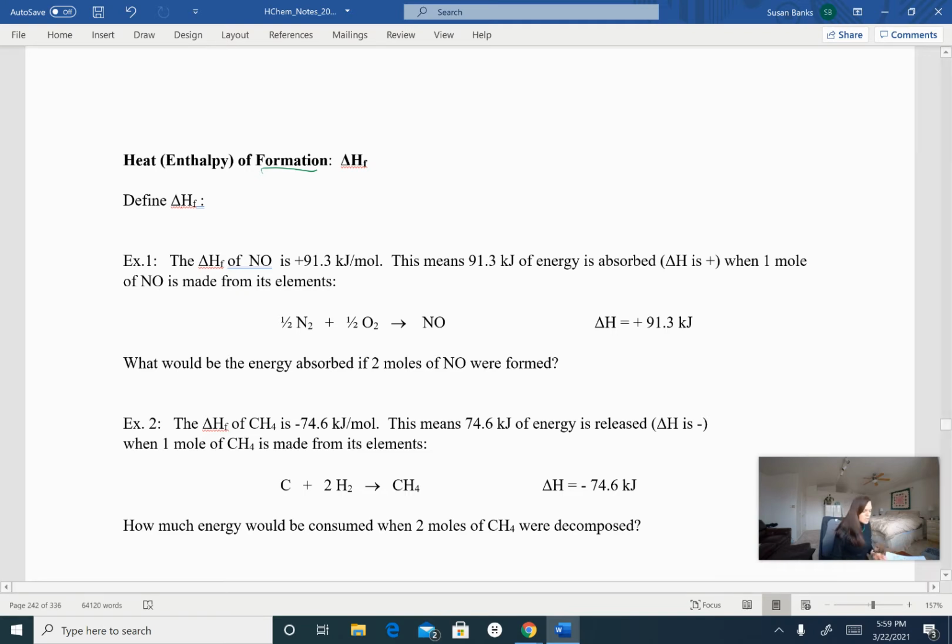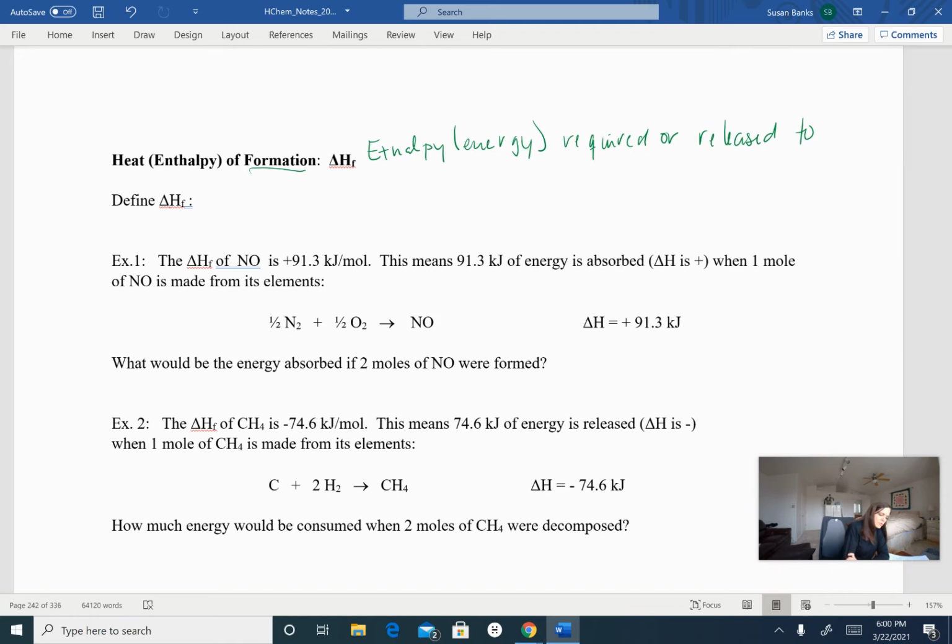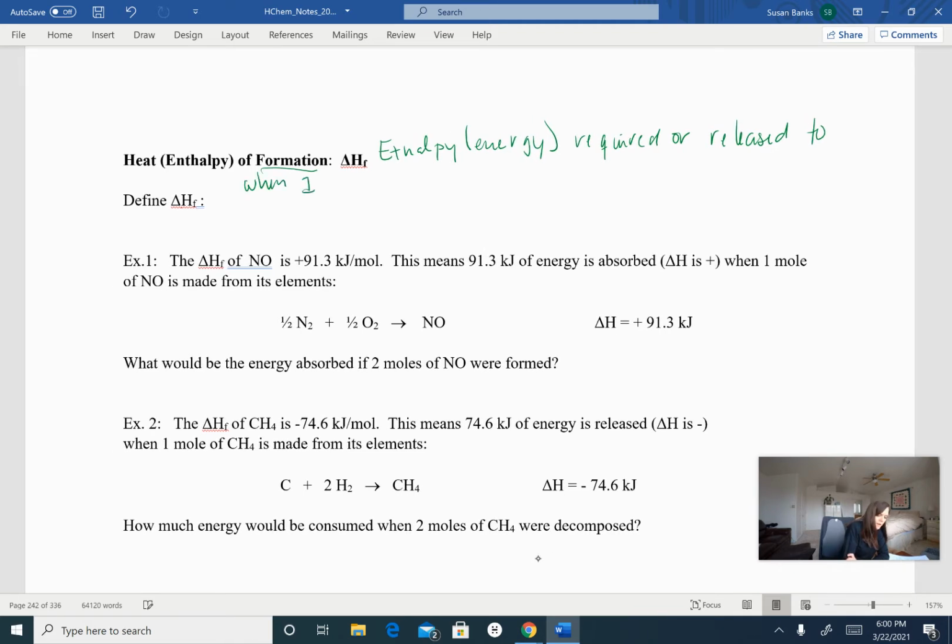So let's define this. So the enthalpy, and remember enthalpy is just a form of energy, okay, required or sometimes even released to make, or when 1 mole of a compound is made or formed from its elements.